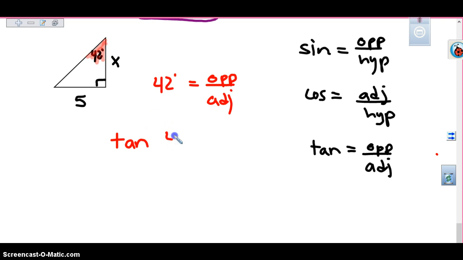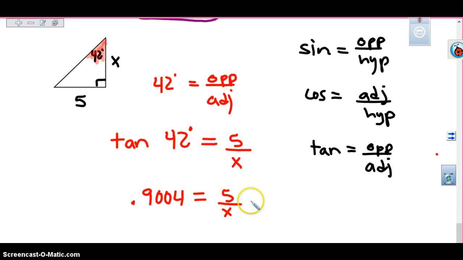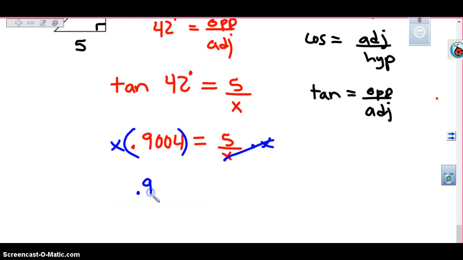So we can use the tangent of 42 degrees, which we can find in the calculator, and set it equal to the opposite, which is 5, over the adjacent, which is x. So the tangent of 42 degrees is 0.9004 is equal to 5 over x. Now we have x in our denominator. That means we have to multiply times x on both sides. So now we have 0.9004x is equal to 5.